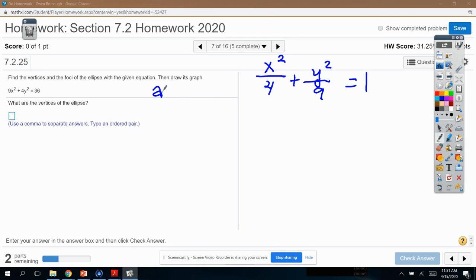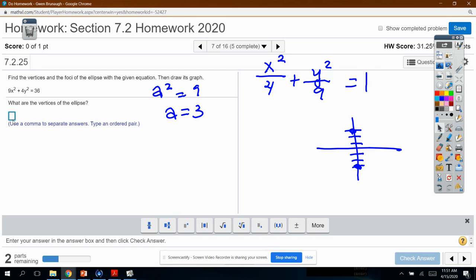A squared is 9 here, and it is under the y, so a is 3. And in the y direction, I'm going to go up and down 3, and those are my vertices. So my vertices are 0, 3, and 0, -3.